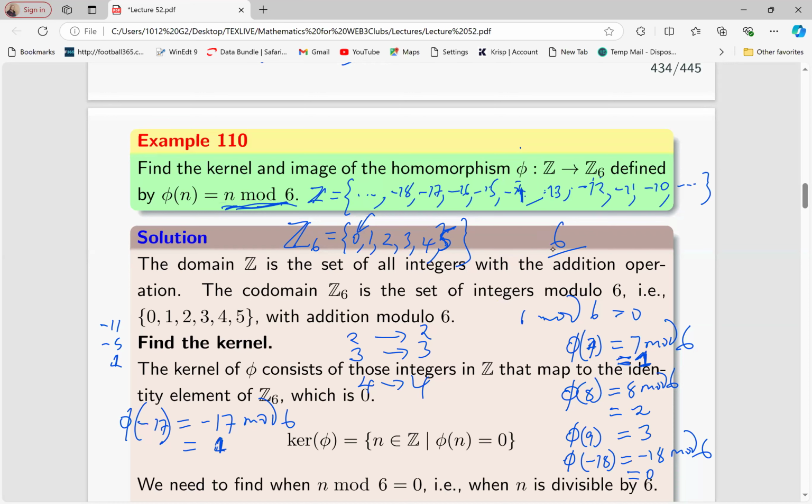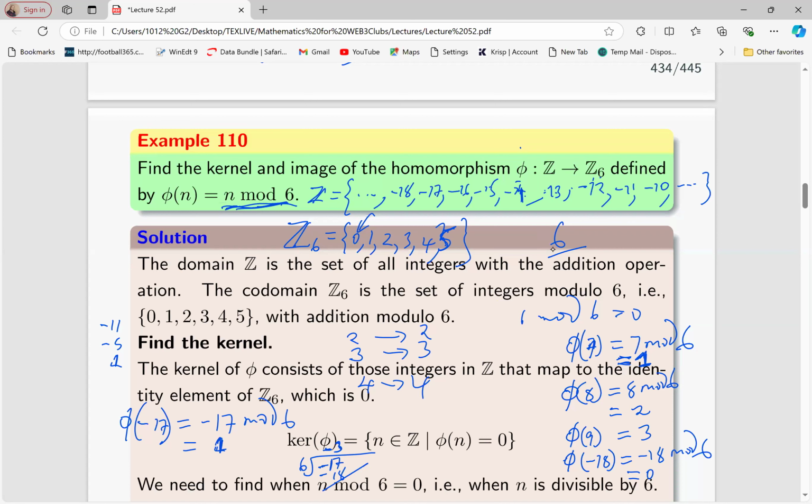You can do it that way, or you can do it the same way we did earlier. We said 6 will go into negative 17 how many times? Negative 3 times. Negative 3 times 6 gives us negative 18.